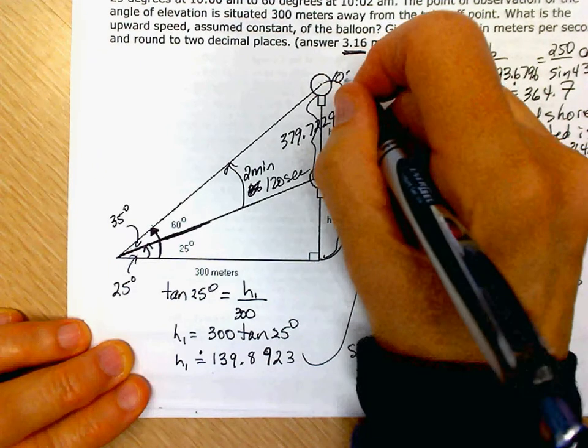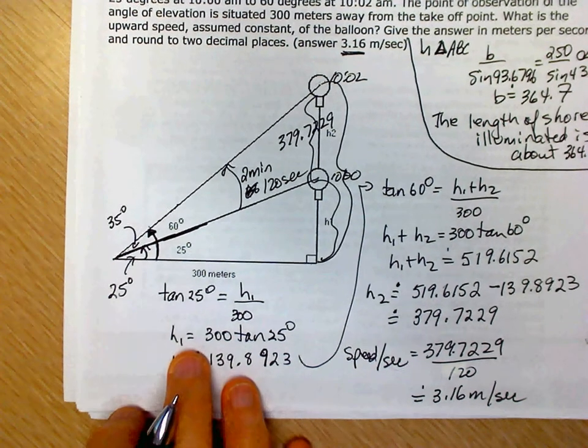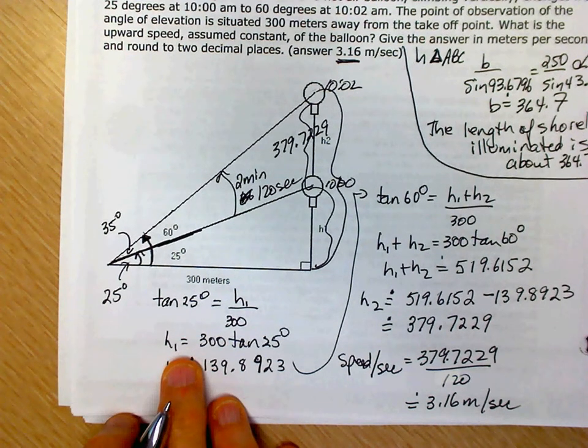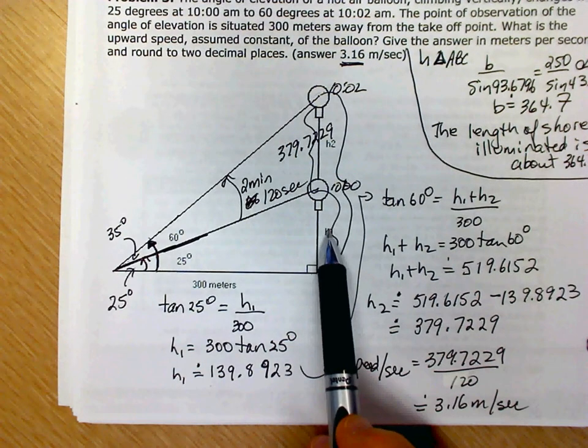I was just wondering, what if they ask from the beginning, from 0 to 379 meters? I hear you. It'd be worded a bit differently. But based on this wording, it's quite clear. Any other questions?